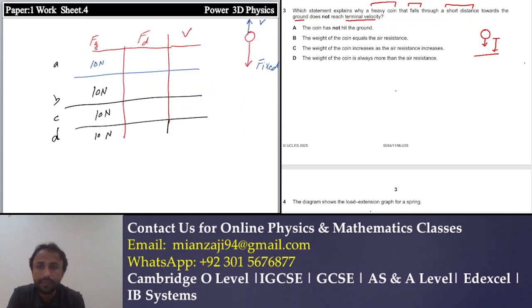Simply, I can write, if the velocity is 0, then drag force will be 0. So there will be no air resistance in the upward direction. If this increases up to 2 meters per second, the drag force increases to almost 4 Newton.